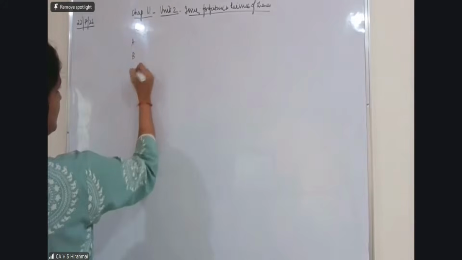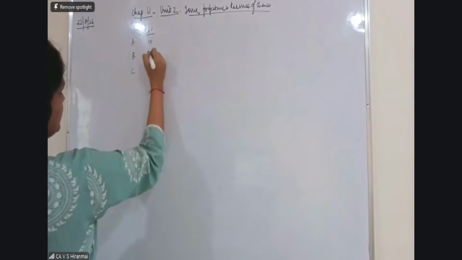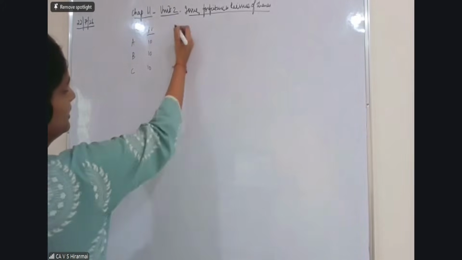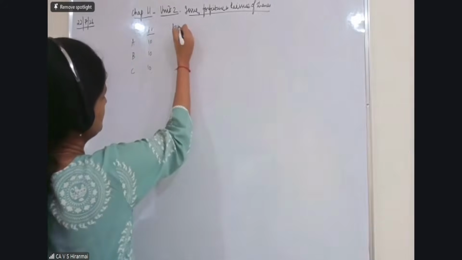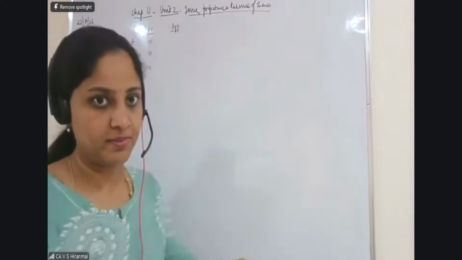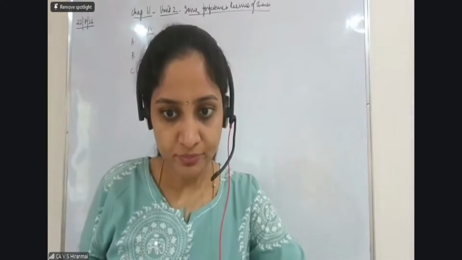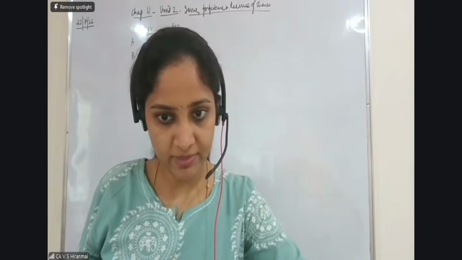A, B, C. Face value is 10, 10, and 10. And here we have application. What is the application money? Application money 2, allotment money 3.